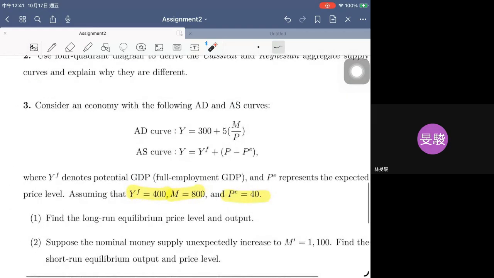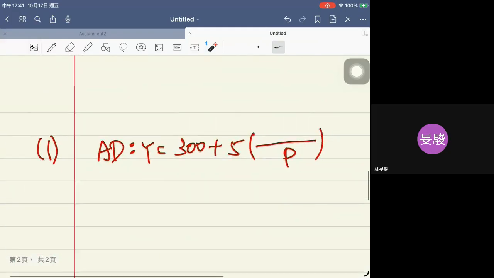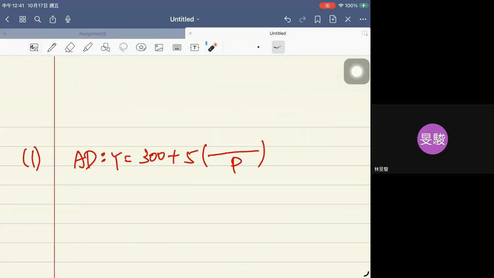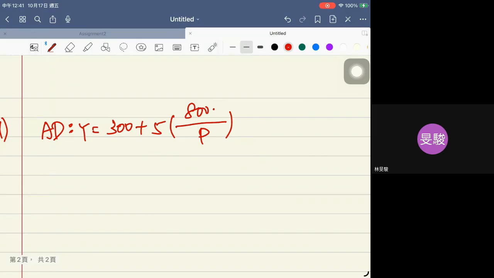So we just substitute 800, and the price level.